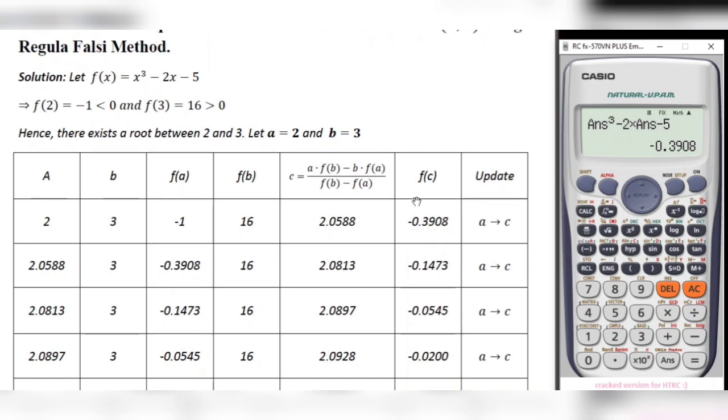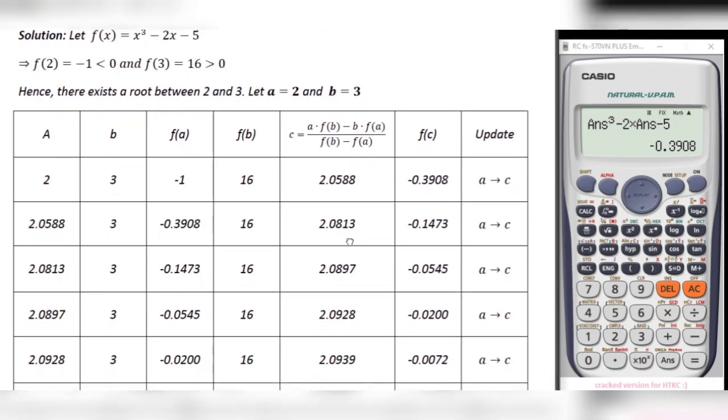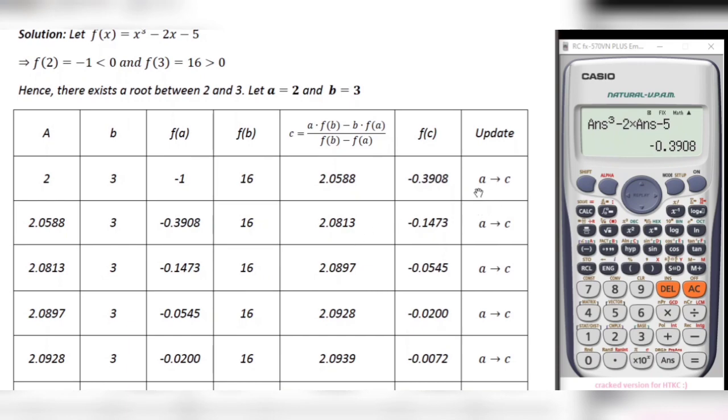Now compare this value with f of a and f of b. Here f of c is negative and f of a is negative. So change the value of a to c. If we get a positive value, f of b is positive, so change the value of b to c. In this particular problem, if we get a negative value, change a to c. If we get a positive value, change b to c.